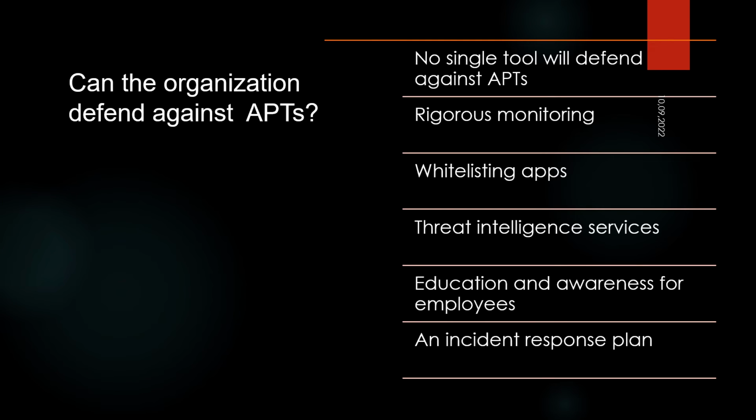These are some of the tools an organization needs to avail. Rigorous monitoring is needed. In particular, logging and access requests should be reviewed regularly so that anomalies can be spotted and addressed in a timely manner.